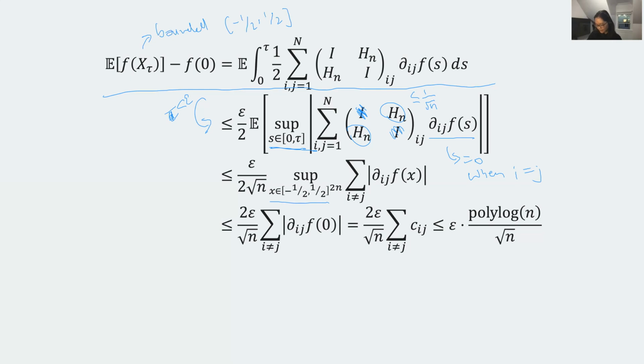And so the term that I'm left with is just this sum of the absolute values of the second derivatives where the i's and j's are not equal.